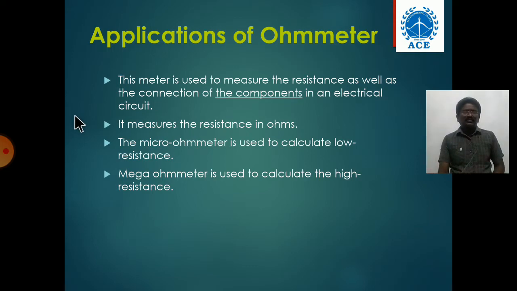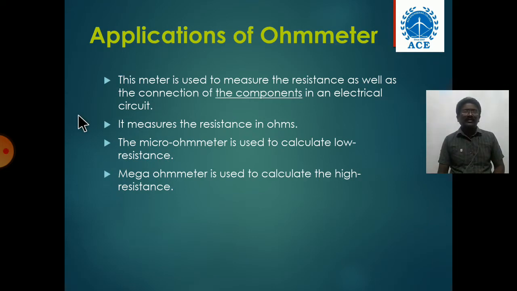Second one, shunt type ohm meter. With the help of shunt type ohm meter, you can measure unknown resistances. It is also having one battery, one switch, and one resistance and unknown resistance.